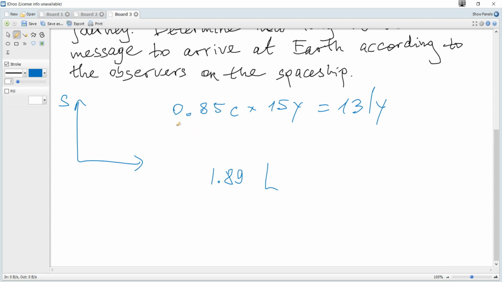Or you use directly the time in the Earth reference frame and the speed of the rocket. But notice that years together with c give an answer in light years. Light years means that it's about distance.